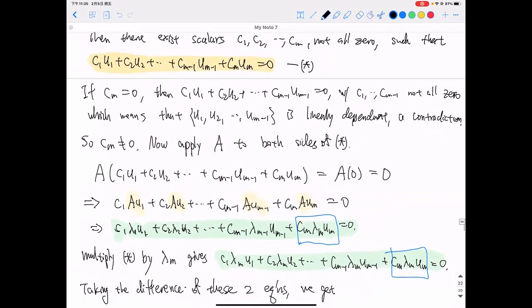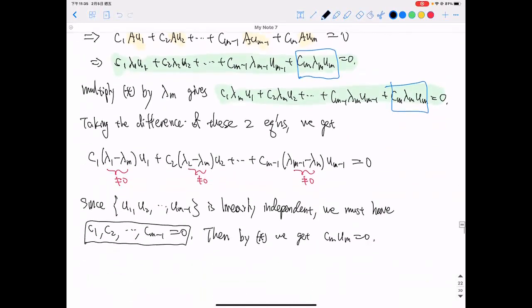Star was this, because C1 through C(m-1) all being 0 means that you just have one term left. Now, because Um is an eigenvector, Um is not 0.